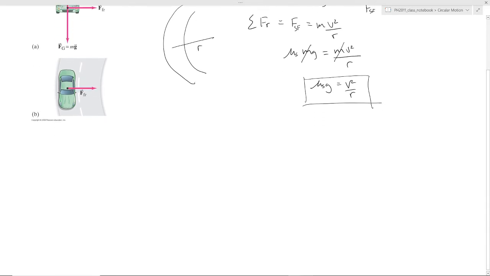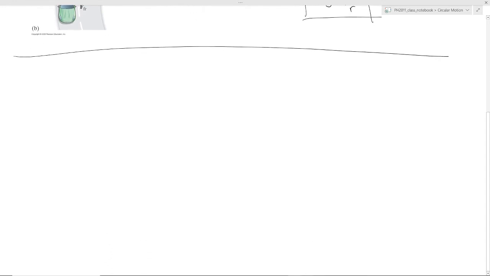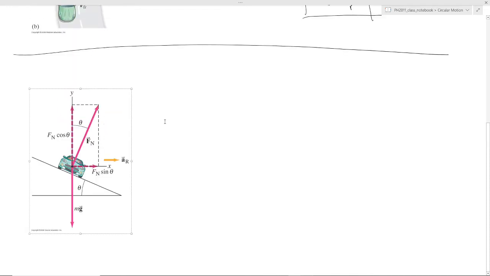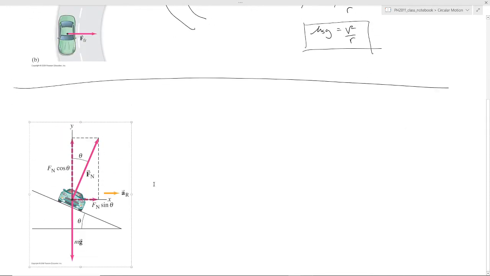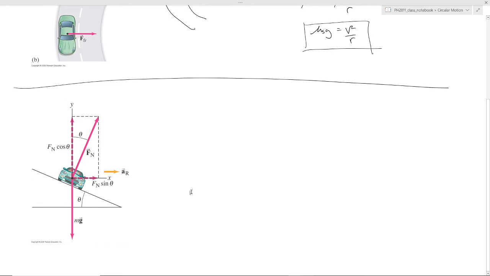So this is in contrast to the situation that I'm sure you're familiar with from driving on the highway, especially situations where you're at high speed. When you're at high speed, you'll notice that curves are banked. They're curved rather than flat.